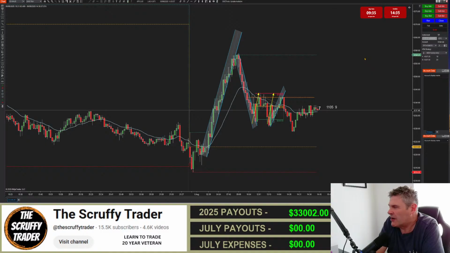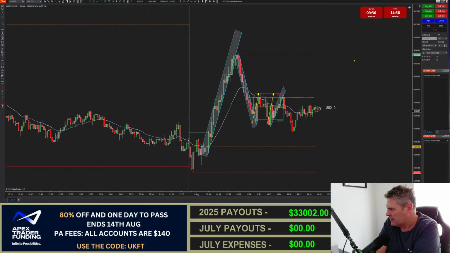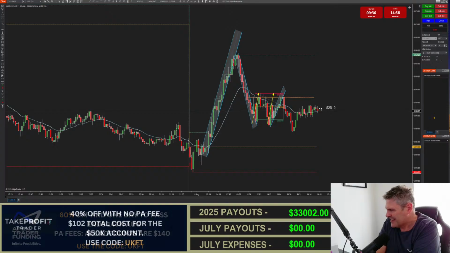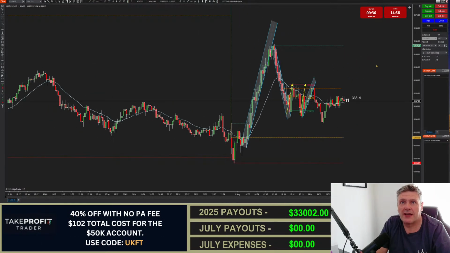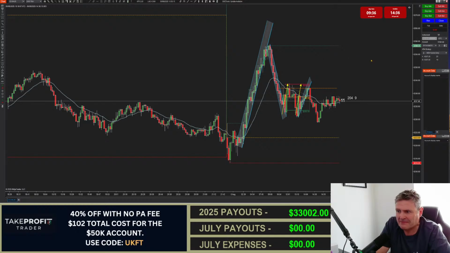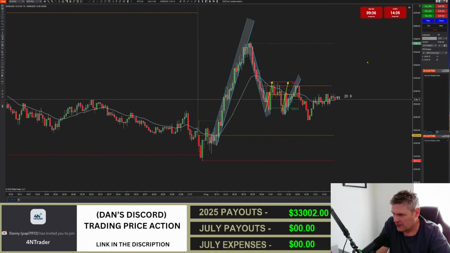For some reason, I did something on my Guardian Angel Trader. I did it last week, and it would only let me trade one at a time. So it's a bit of a pain. So Take Profit Trader accounts, I'm just trading those today. For some reason, it's not letting me trade my accounts.